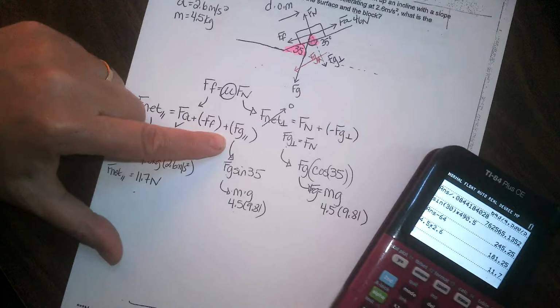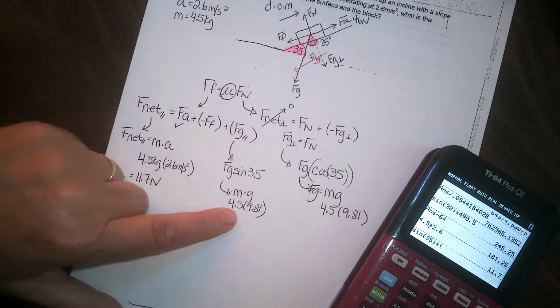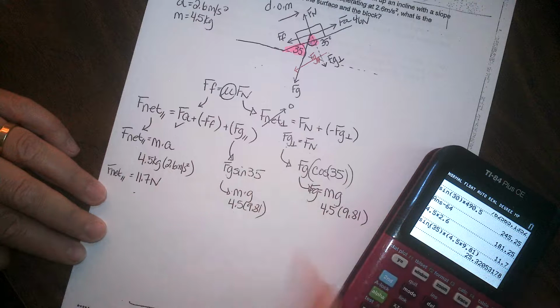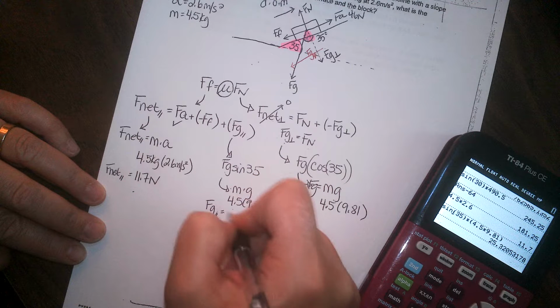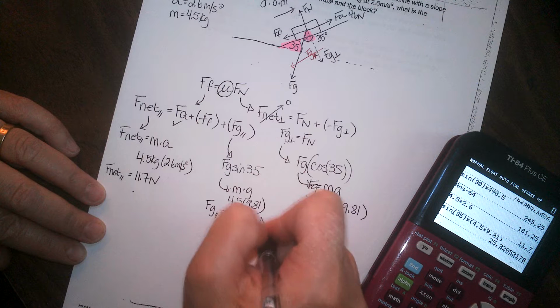Force gravity parallel is going to be equal to the sine of 35 times 4.5 times 9.81. So force gravity parallel is equal to 25.32 newtons.